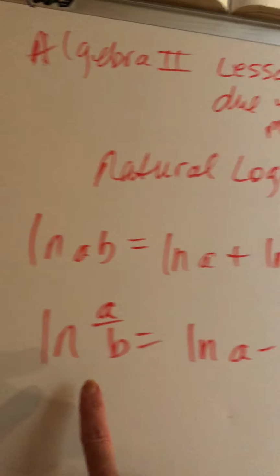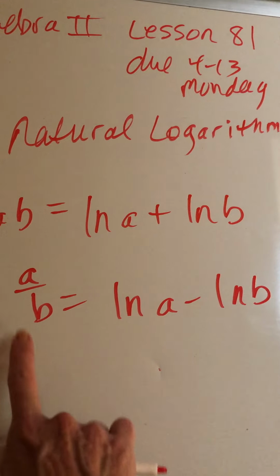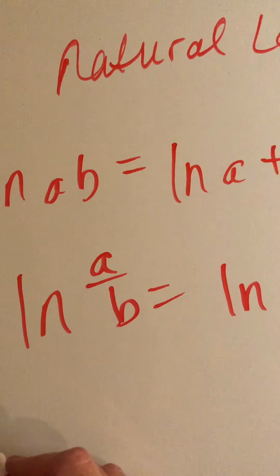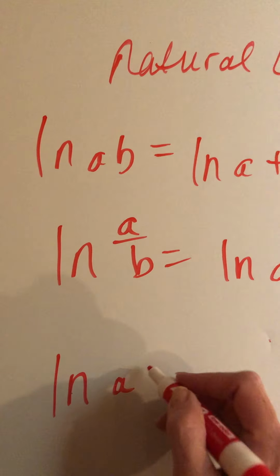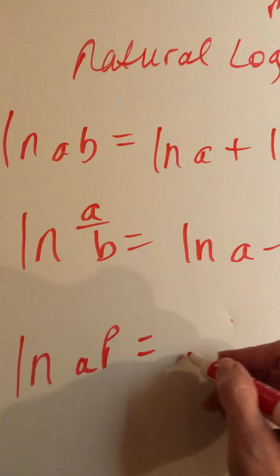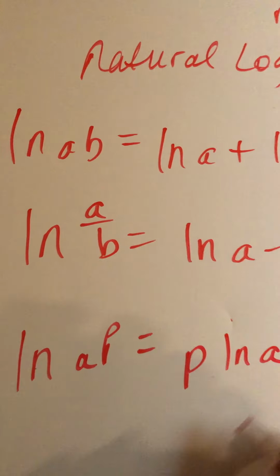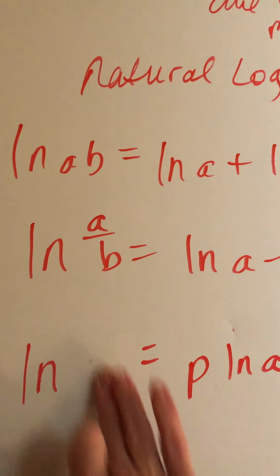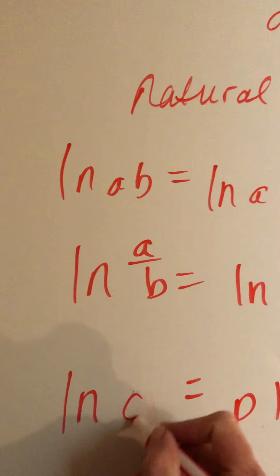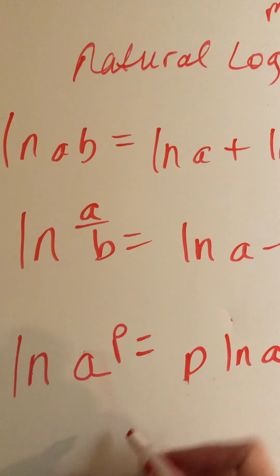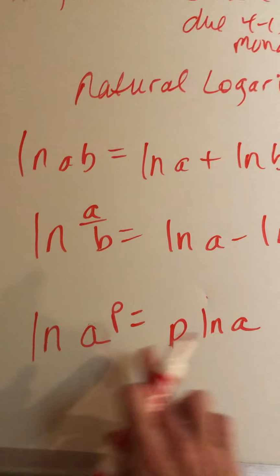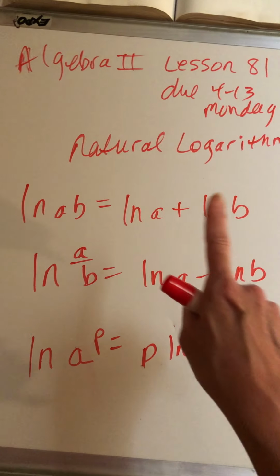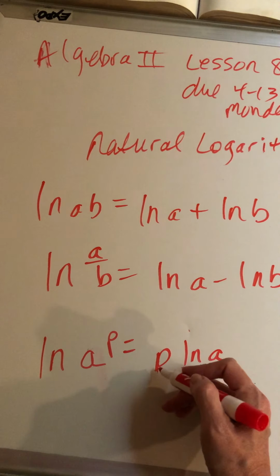So if your argument is divided, it's going to be subtraction. And if your argument has an exponent on it, that exponent comes to the front. The a is bigger, and p is the exponent on a, and then you put that in the front. So you've got your sum, your difference, and then a product.